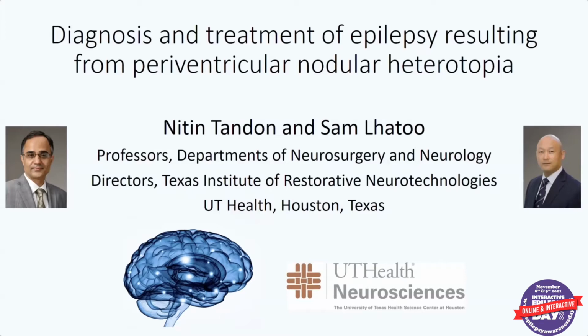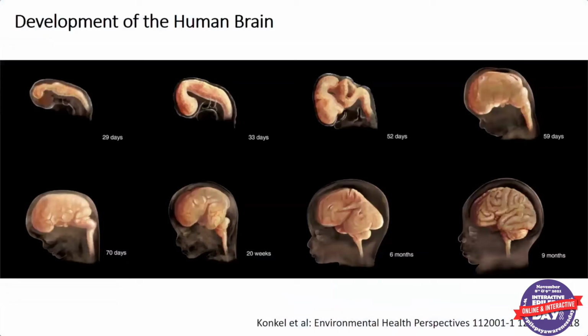We recognize it's a mouthful, but it's a very specific terminology for a disorder that occurs in brain development. The brain, the human brain, all mammalian brains start off as a hollow tube that forms very early on in embryology and then folds in various complex ways to achieve its desired size and shape in a newborn baby.